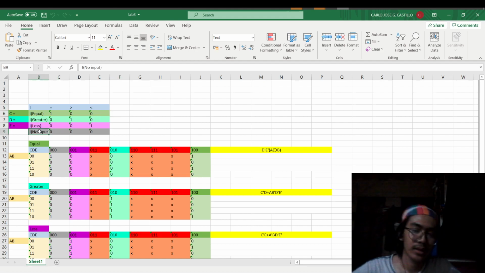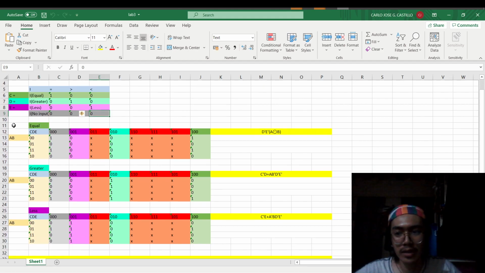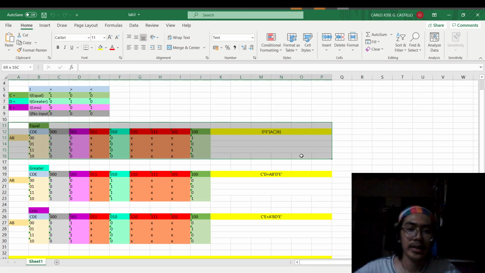And since the very first 1-bit comparator will have no inputs, we also consider that combination, which is 0, 0, 0. Now we look at the K-map for the case of equality.